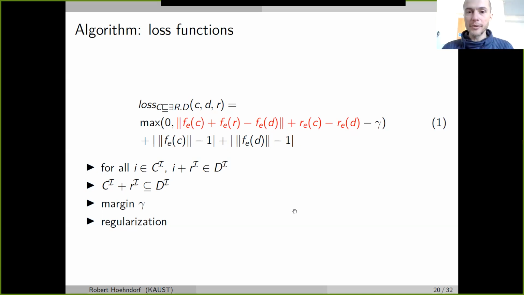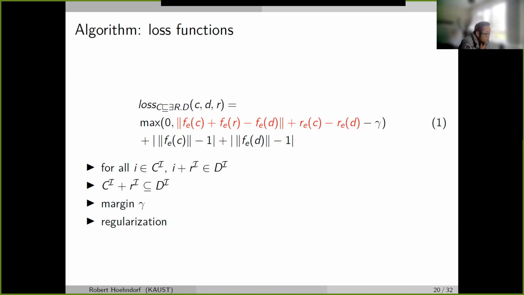It's all differentiable. This is the loss function. The first part, the red part, is trying to push one ball into the other.